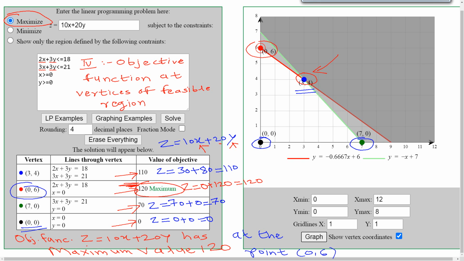So the final answer is that the objective function z is equal to 10x plus 20y has maximum value 120 at the point (0, 6). This completes the solution of the linear programming problem.